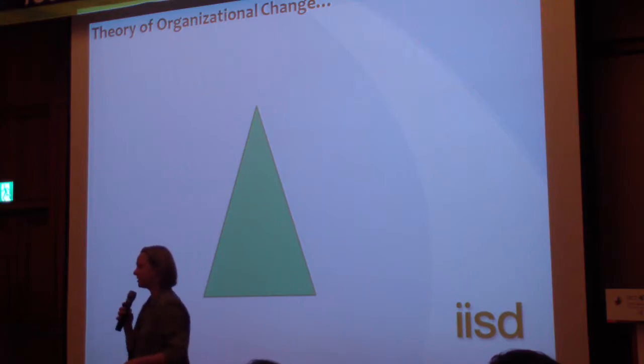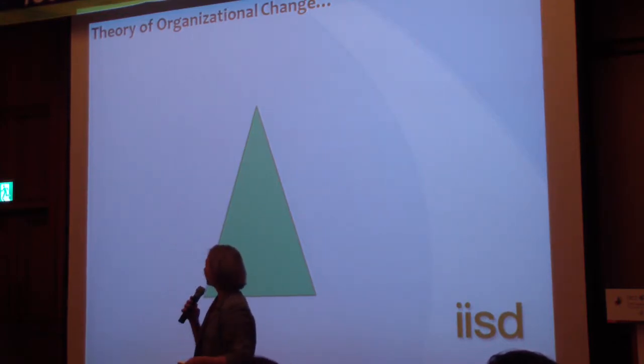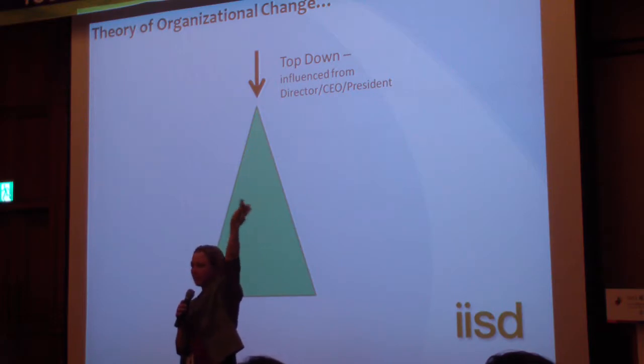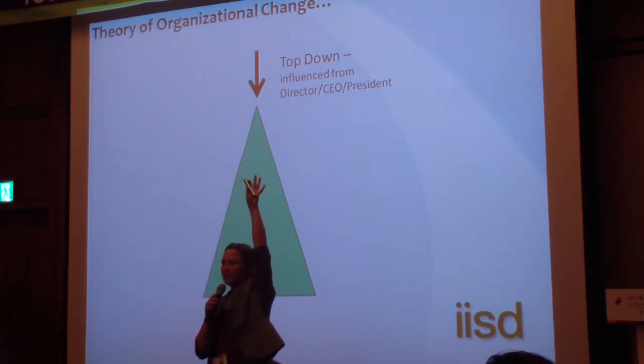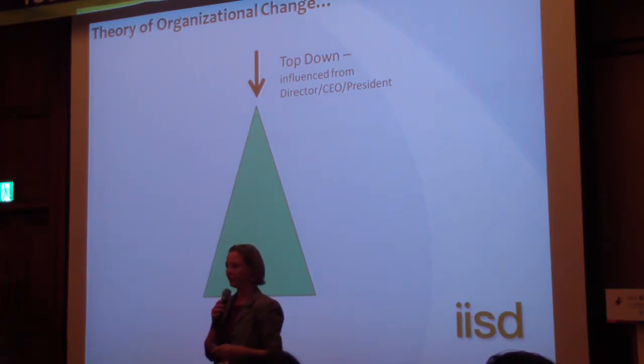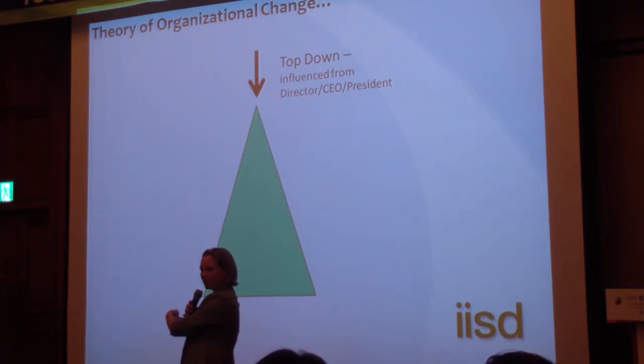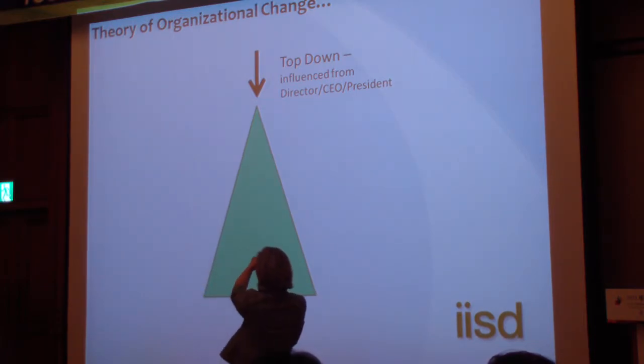We can all understand a standard typical organization that has top-down influence. We are influenced by the directors, by the president, and whatever they say sort of filters down into the way things happen. So if this is the way an organization works, and you want to change that organization, then one way would be to try and influence the top, right?